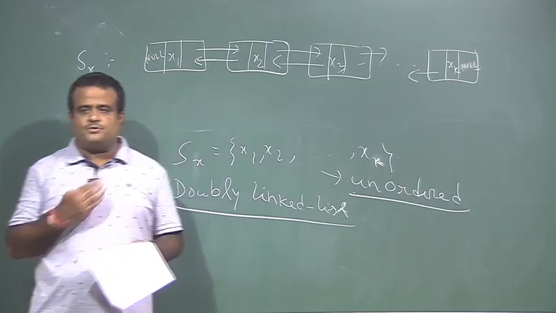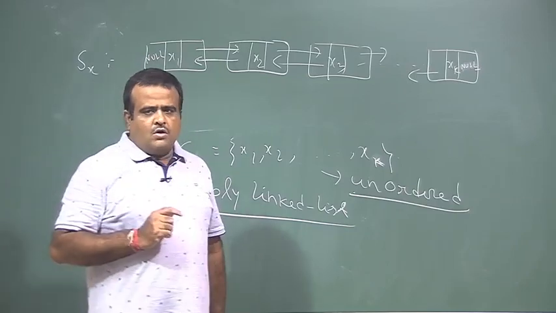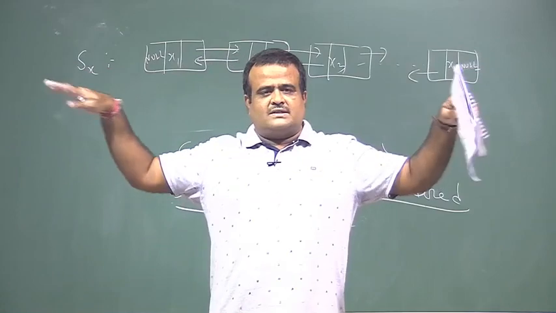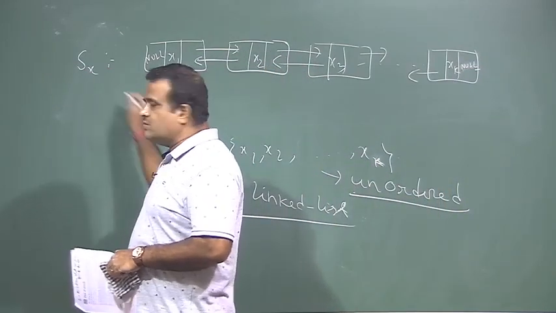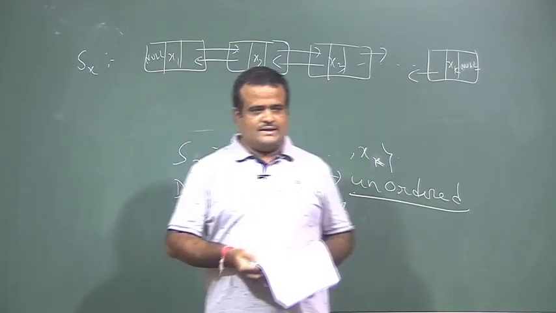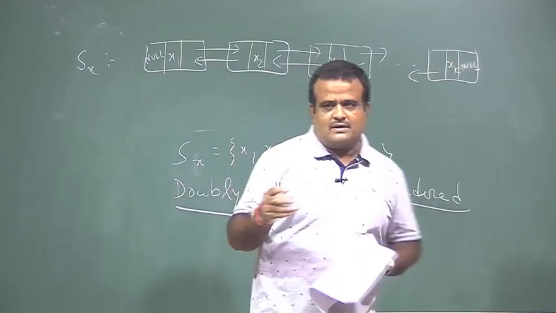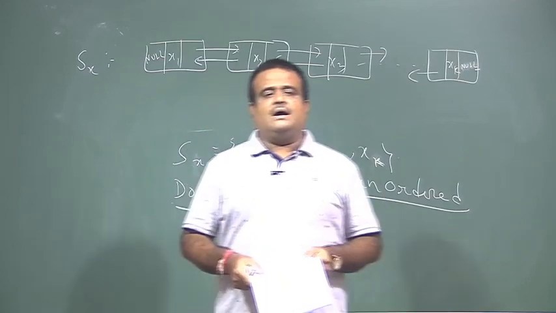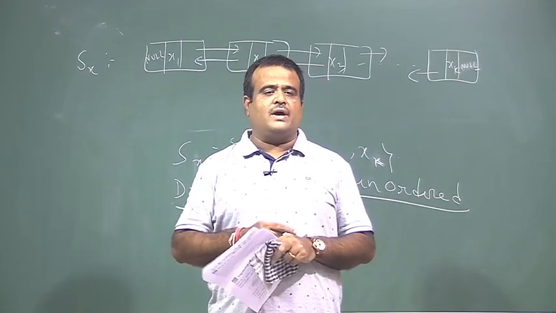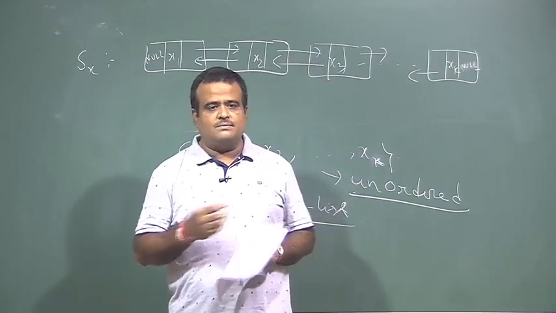So, this is our proposed data structure for the set. For each of these sets, this is S x. For S y also we have another doubly connected linked list. For S z we have another doubly connected list. For each set we want to have a doubly connected linked list.